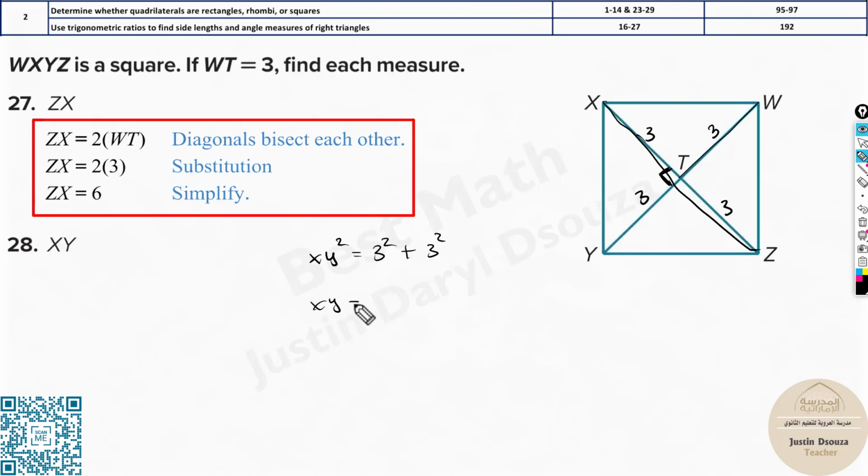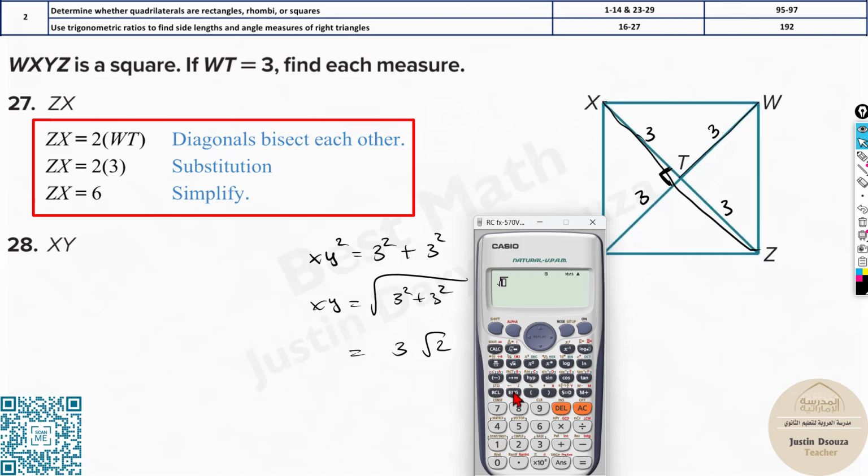So XY is equal to square root of 3 squared plus 3 squared. It will be 3 root 2, but you can just put it in the calculator and find the exact measure. The answer will be 4.24.